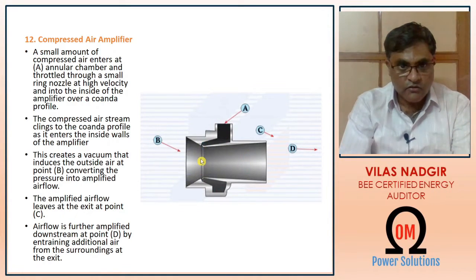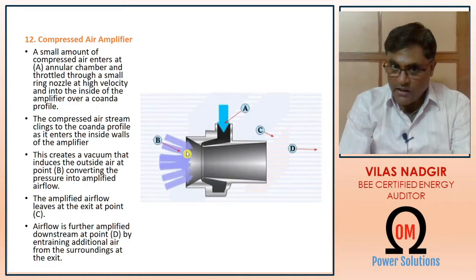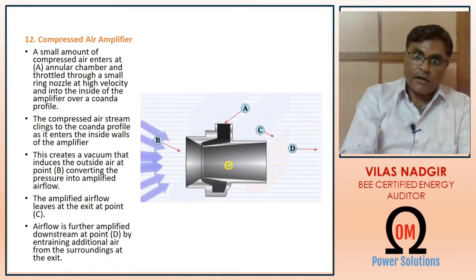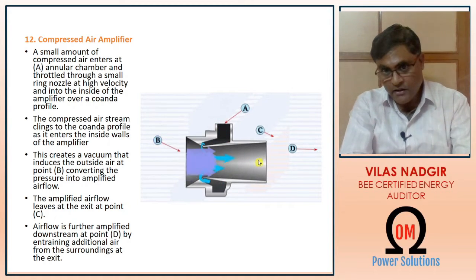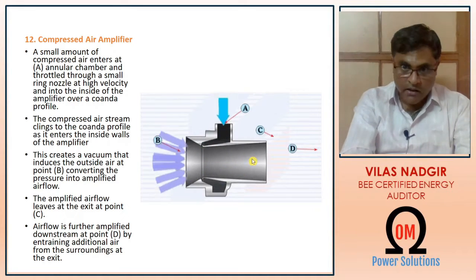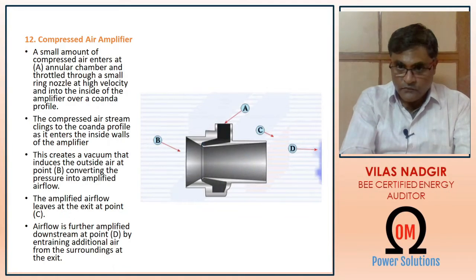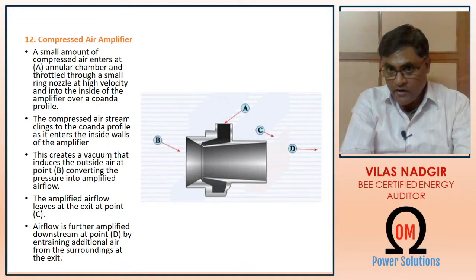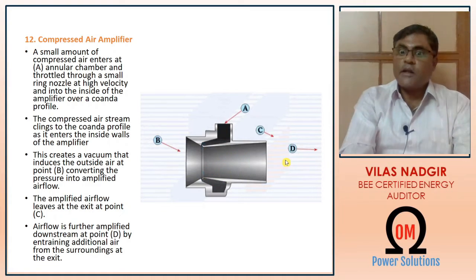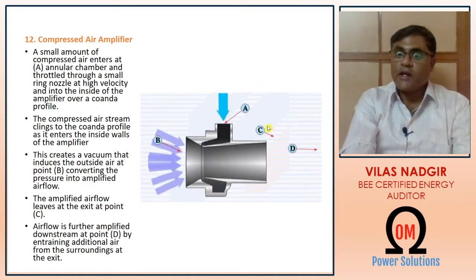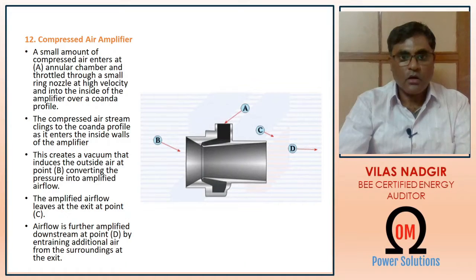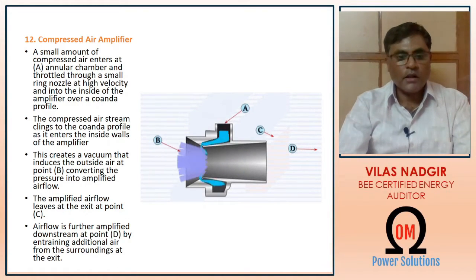This is known as the Coanda profile, and atmospheric air is sucked in from point B, and compressed air is amplified here when mixing with atmospheric air. Further, that amplified air is once again amplified at point D by taking the nearby atmospheric air, which is present at point C. To install these compressed air amplifiers, you can contact us.